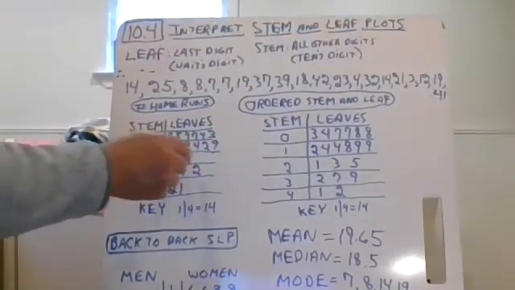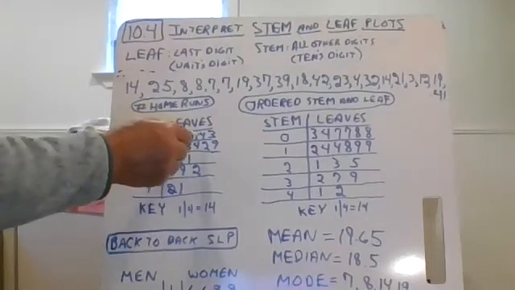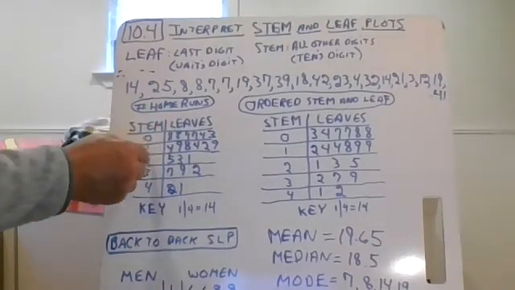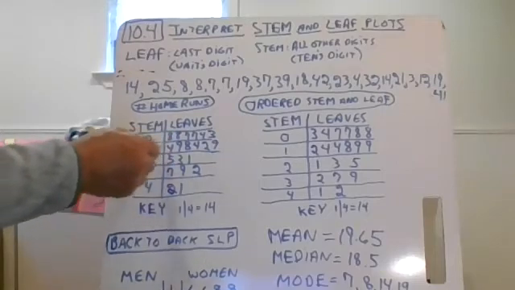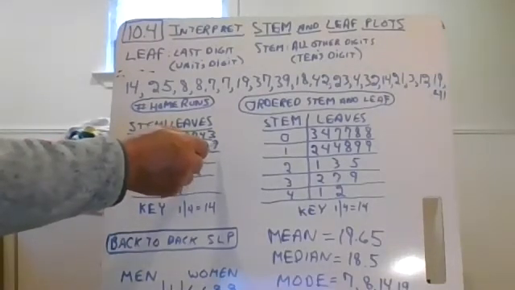And here are the rest of the values. So you would have 8, 8, 7, 7, 4, and 3 are the single digit values. 14, 19, 18, 14, 12, and 19.